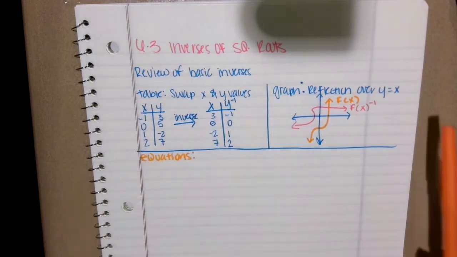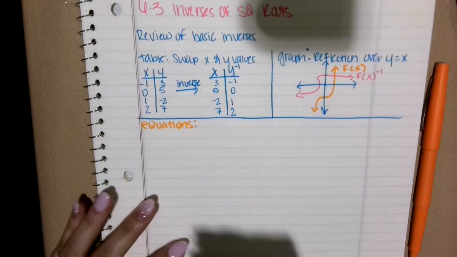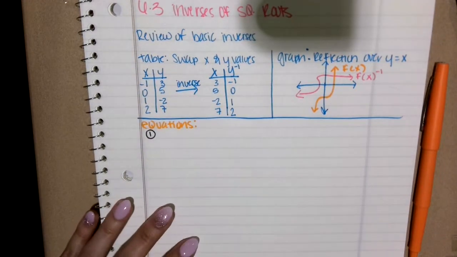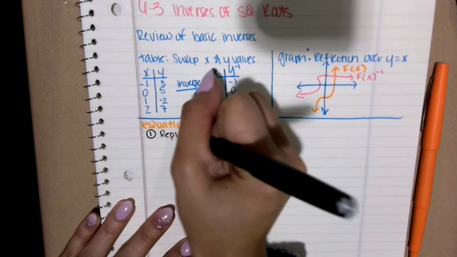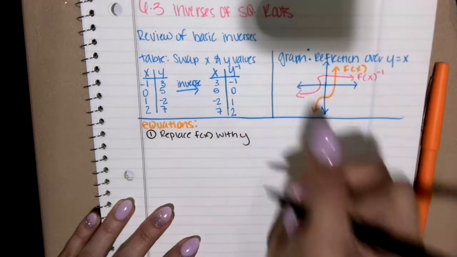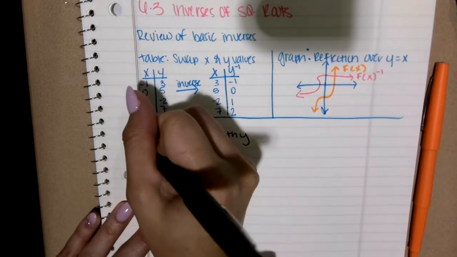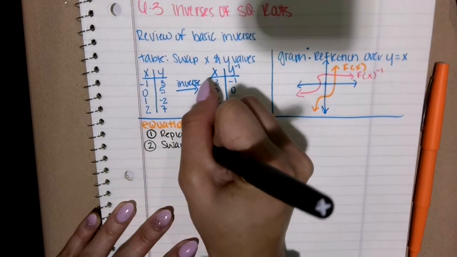All right, for the equations aspect of inverses, there are 4 steps. The first step is to replace f of x with y. The second step is to swap x and y.